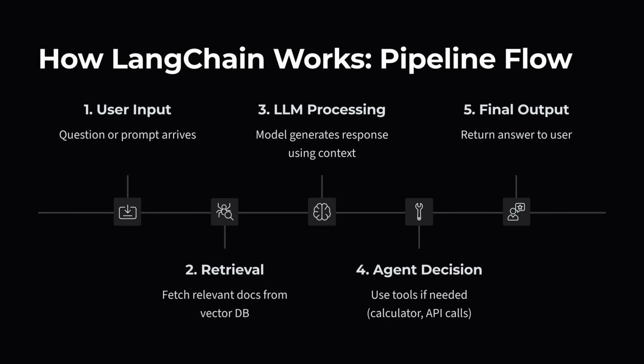While retrieving, the LLM then processes both the question and the retrieved information, similar to merging a question with highlighted text on a page. If extra steps are needed, maybe a calculator, an API call, or a database lookup, the agent decides which tool to activate, like a chef reaching for the right utensil without pausing.